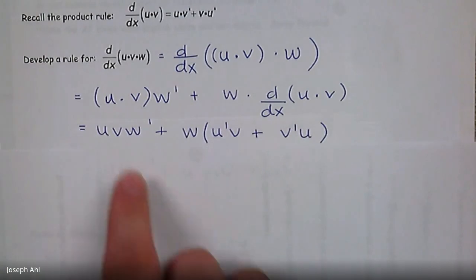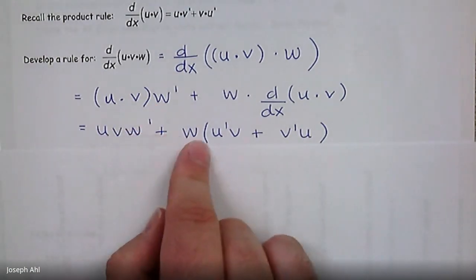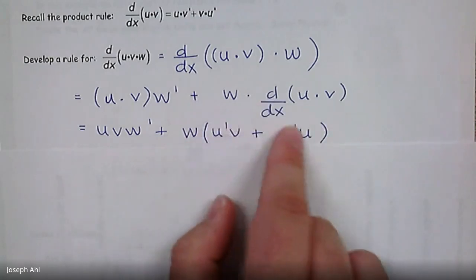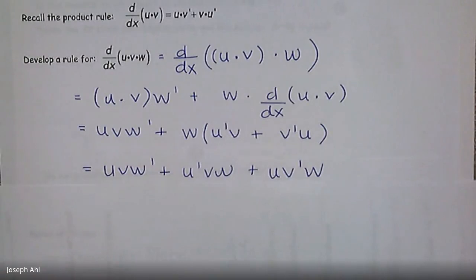So we get something that looks like this: u times v times w prime plus w times this result over here. After distributing the w, you might get uvw prime plus u prime vw plus uv prime w, right? So it's essentially the product of the functions where in each instance, one of those functions' derivatives has to be accounted for.